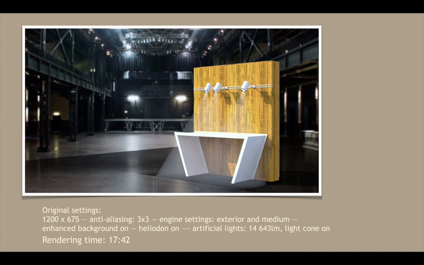So first of all, the sun shines directly into these lamps, and I know the value set to these lights is 14,643 lumens, enormous. But even with this, there isn't any artificial light in the world that will overcome the sun. So their effect almost disappears.